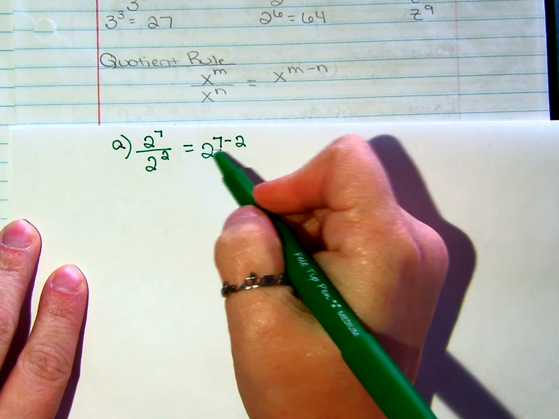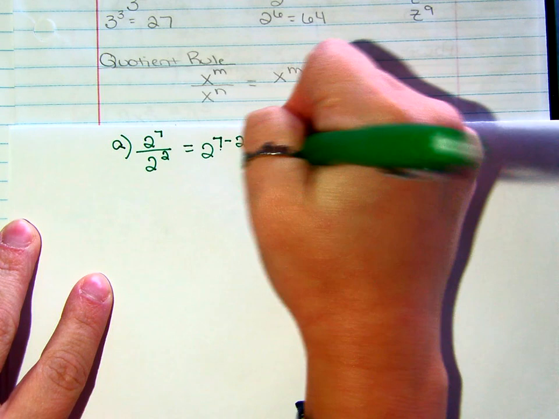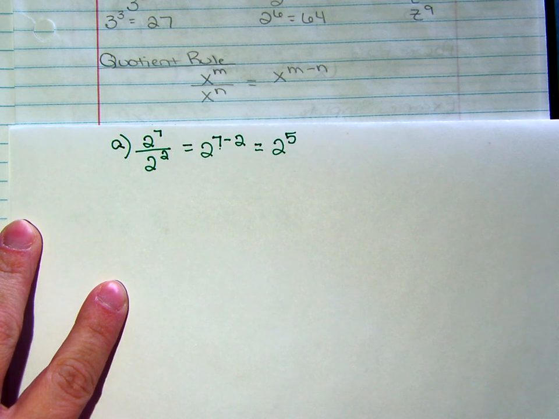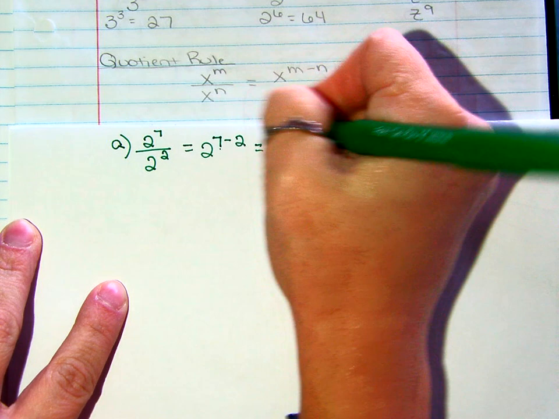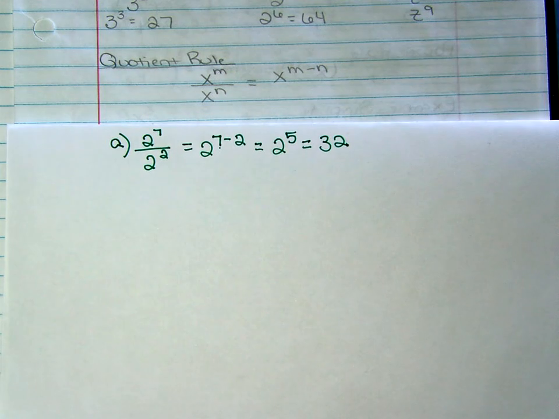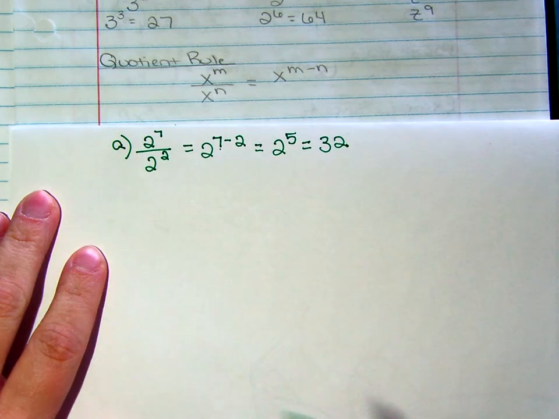The top exponent always comes first, which gives me 2 to the 5th. And if it wanted a complete numerical answer, not with exponents, you could type that into your calculator and you would get 32. So the quotient rule is pretty nice. We don't have to deal with big numbers and doing division and things like that.